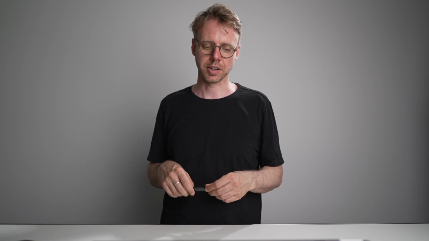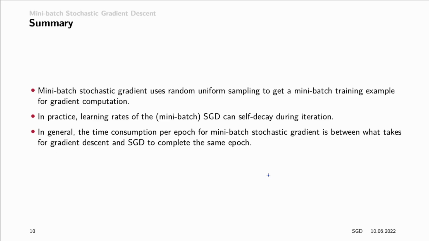So let's summarize. Mini batch stochastic gradient descent uses random uniform sampling to get a small mini batch of training examples and computes a stochastic gradient estimate from only this mini batch. And now in practice, the learning rate for mini batch stochastic gradient descent needs to decrease using some scheduling.